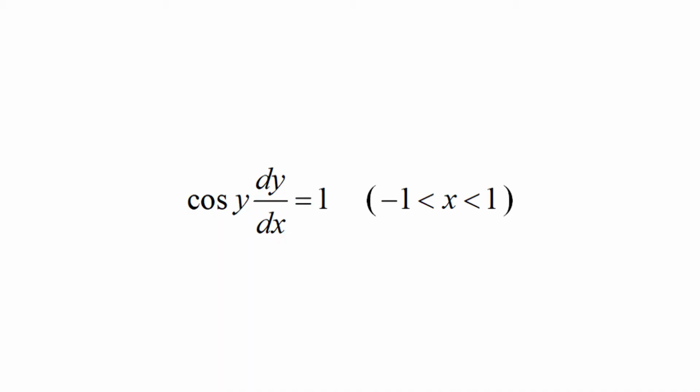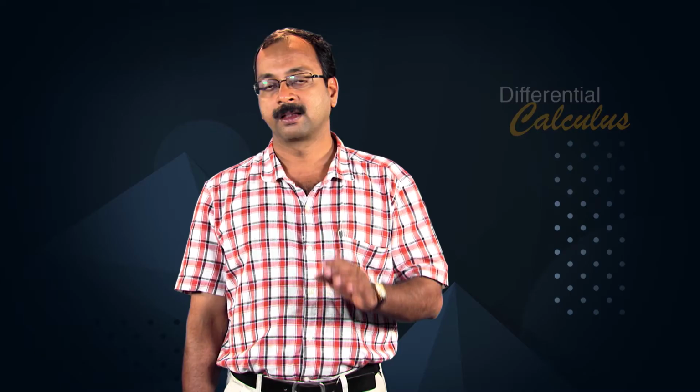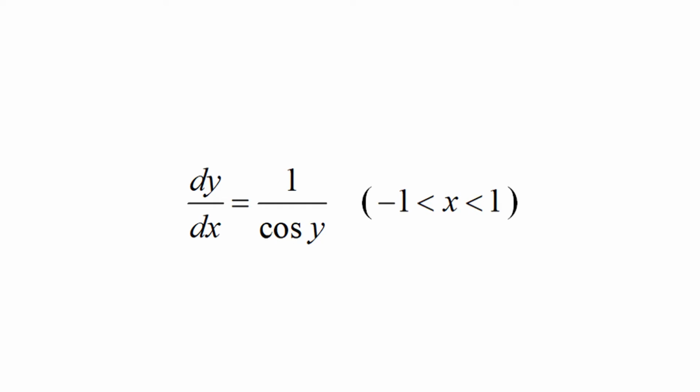Differentiating sin y equal to x with respect to x gives, by an application of the chain rule, cos y into dy by dx equal to 1 with minus 1 less than x less than 1. As cos y not equal to 0 when minus pi by 2 less than y less than pi by 2, dividing the above equation by cos y, we obtain dy by dx equal to 1 by cos y in the range minus 1 less than x less than 1.